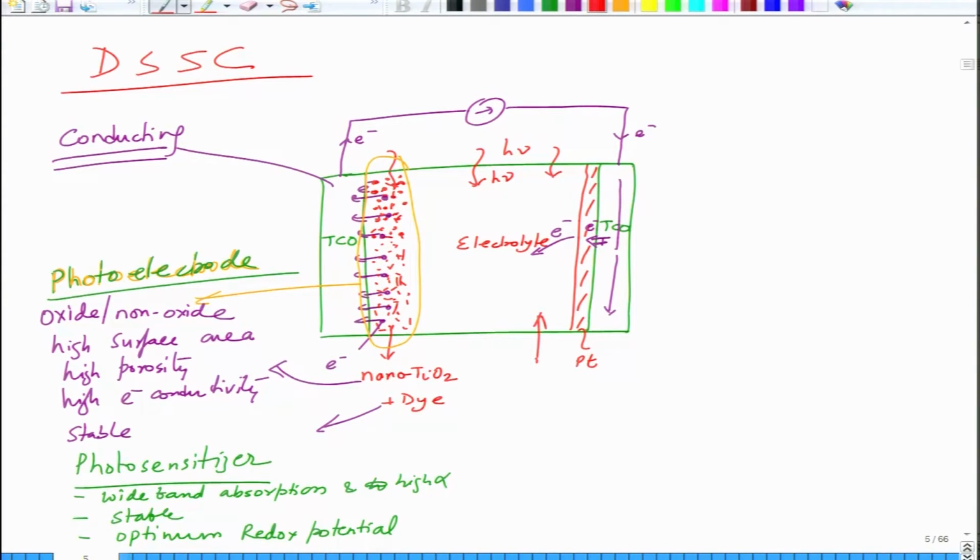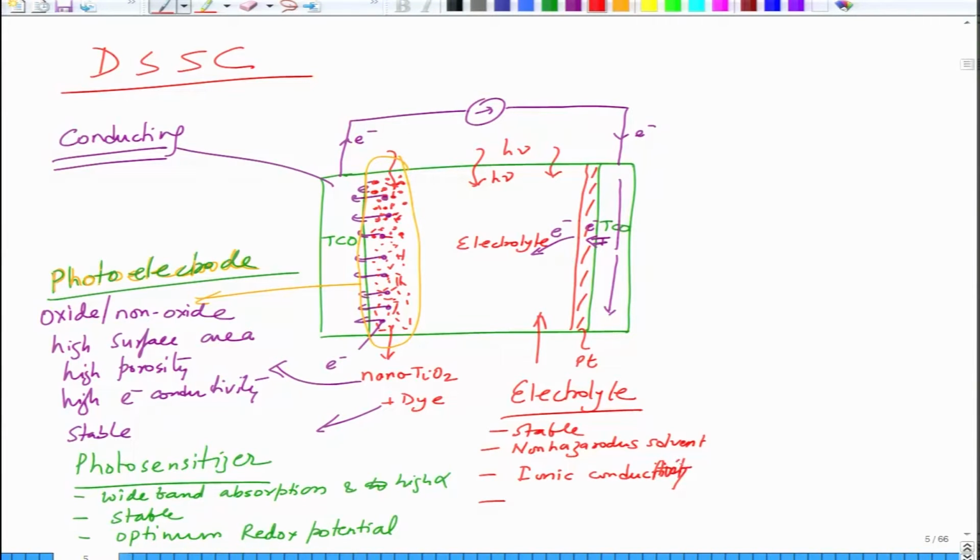Then we have the electrolyte. The electrolyte should be stable. It should have a non-hazardous solvent, ionic conductivity, and interaction with the dye.